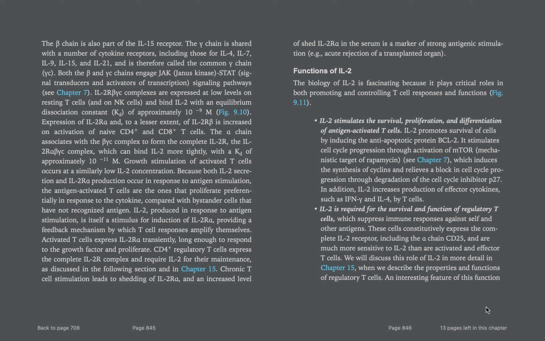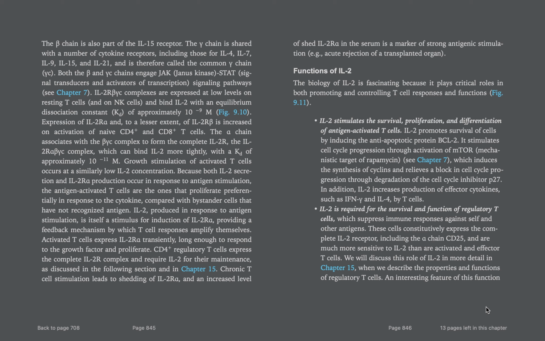The beta chain is also part of the interleukin-15 receptor. The gamma chain is shared with a number of cytokine receptors, including those for interleukin-4, 7, 9, 15, and 21. It is therefore called the common gamma chain, gamma C. Both the beta and gamma C chains engage in Janus kinase, JAK, and signal transducers and activators of transcription, STAT, signaling pathway.